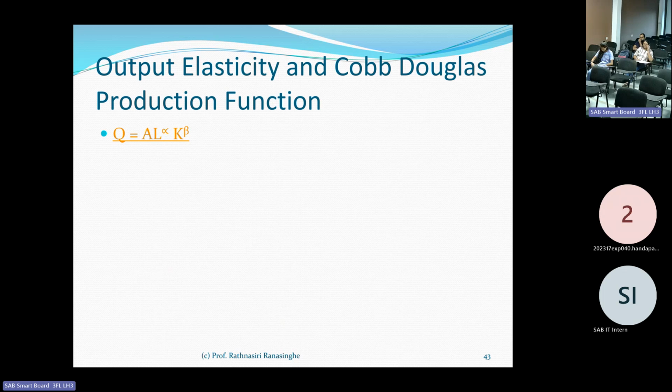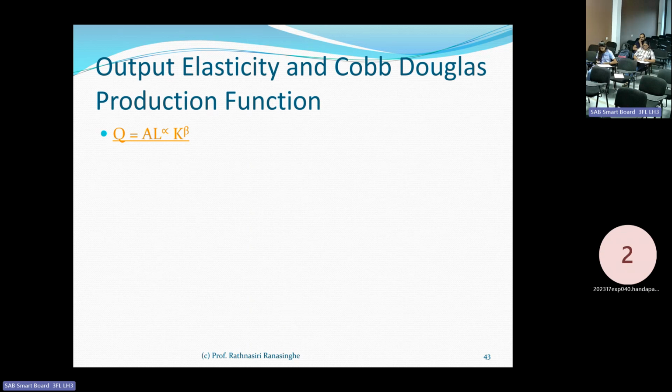Alpha expresses how much the output is going to change with respect to change in the labor, and beta expresses how much the output is going to change with respect to change in the capital. That measures the coefficient.